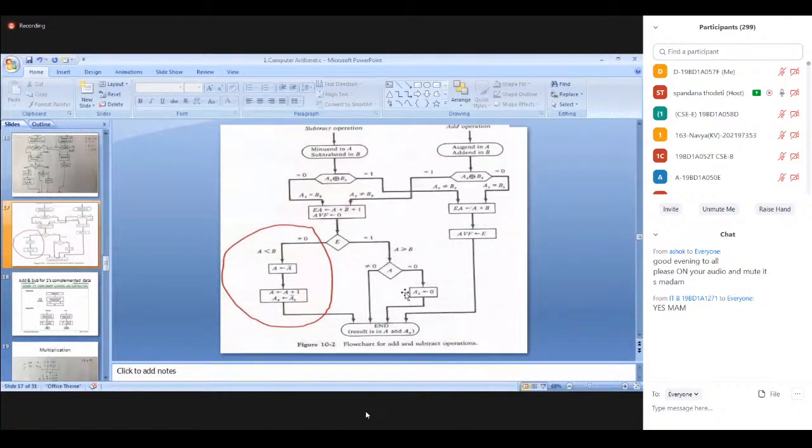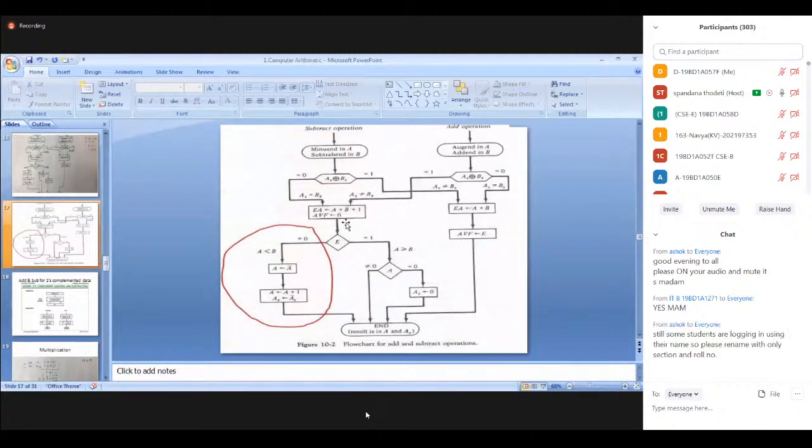You know how to perform the subtraction operation. In our digital computer, you don't perform subtraction directly by using A minus B. Always the subtraction is performed using the 2's complemented form. Therefore, subtraction of A and B is done by using the 2's complement, A plus B complement plus 1, and the result you are storing back in the EA register.